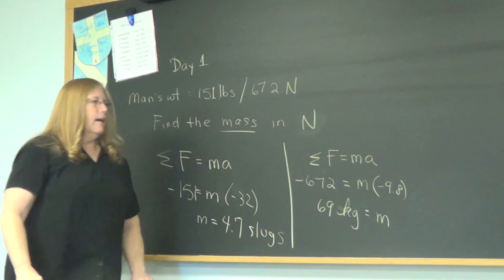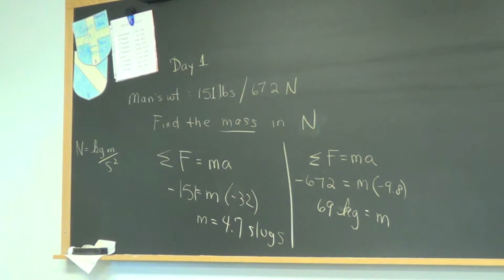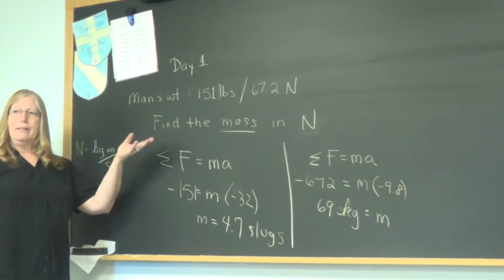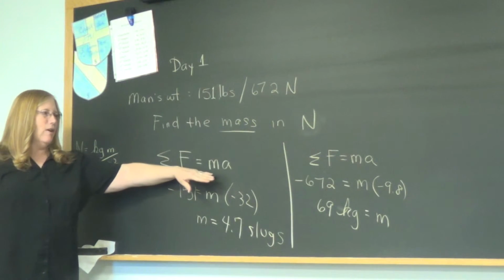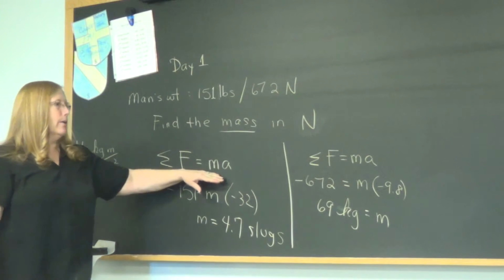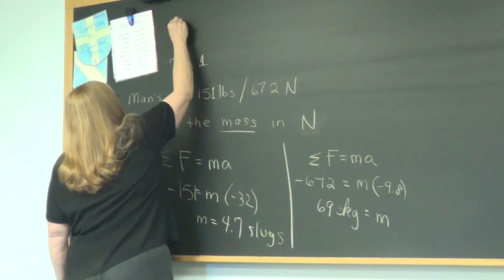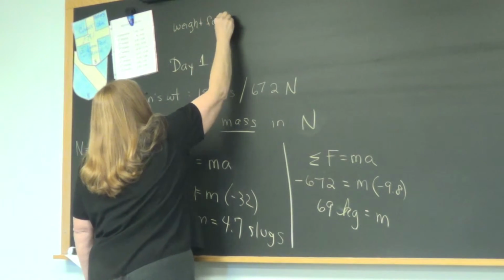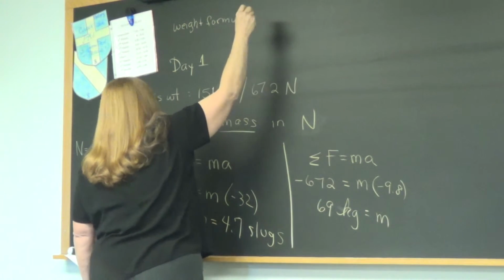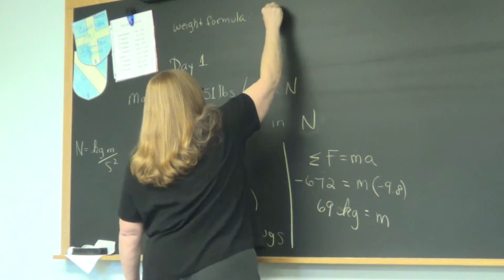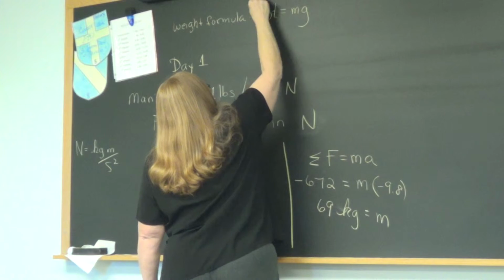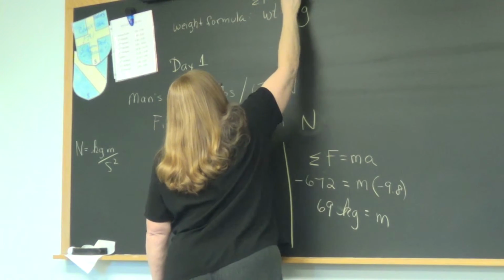All right, I'm going to change this formula when I talk about weight. And because the weight comes up so much, you have to go from weight to mass and mass to weight. I'm going to augment this formula. So here's what it looks like. Here's the weight formula. The weight formula is weight equals mg. And I got that from Newton's second law.